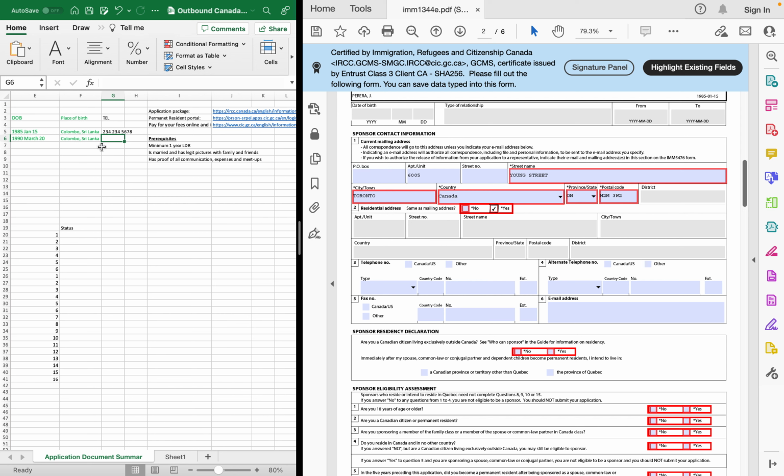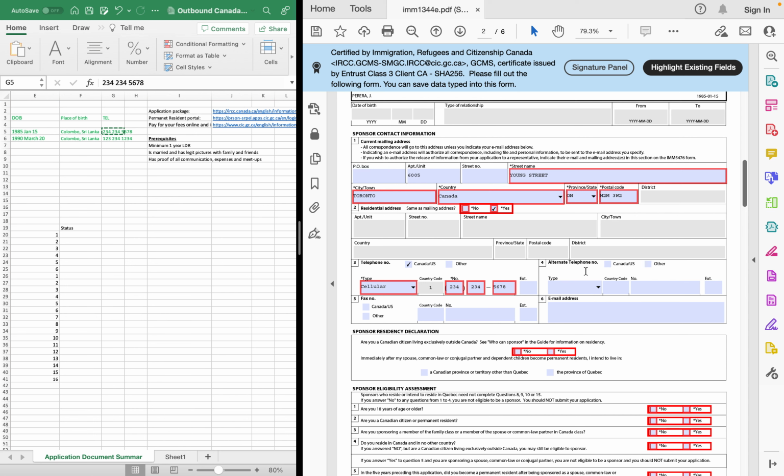For the other person also, we copy this and we put it. So that person is in Canada, and we put it as a Canada number, 4234567.